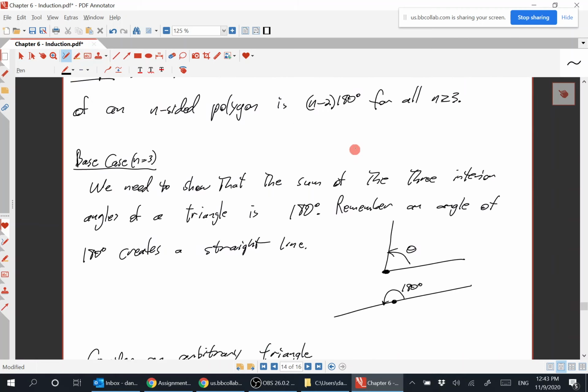With n in the set where? 3 to n. So I'm quantifying n. I'm saying n is some number from 3 to n. Have I double used the n? Have I given the n a double meaning?